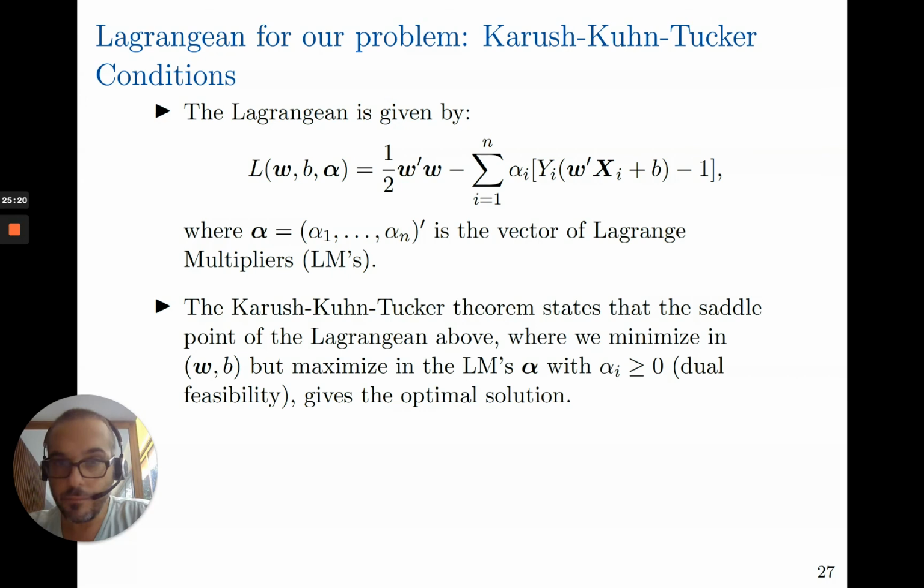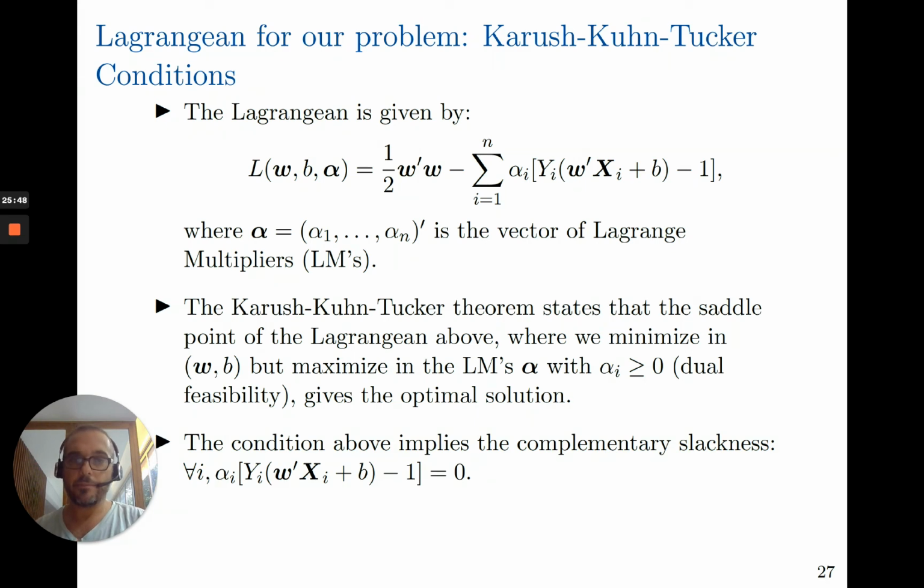We are going to derive the first order conditions, and by the Karush-Kuhn-Tucker theorem, we can find a solution with positive multipliers, and this solution will be optimal.